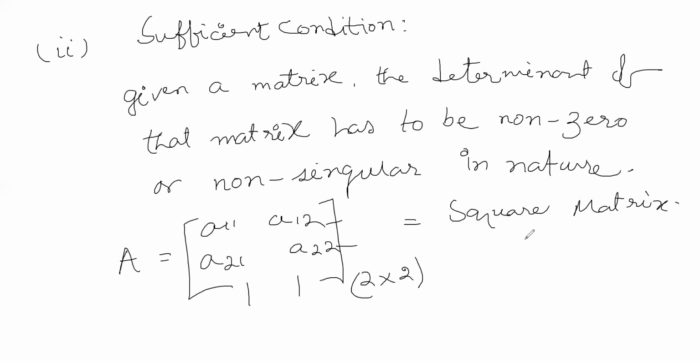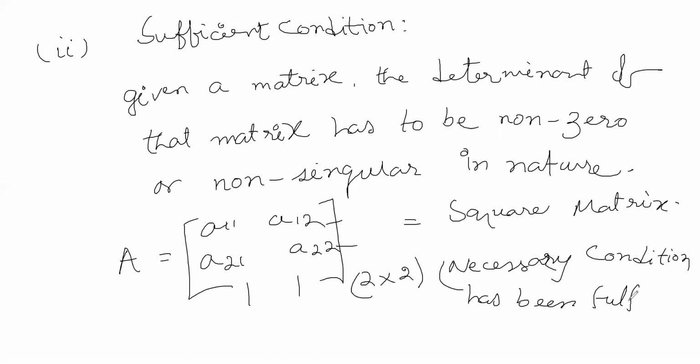So it's a 2 by 2 matrix and it can be regarded as a square matrix. But then only the necessary condition has been fulfilled over here, right?